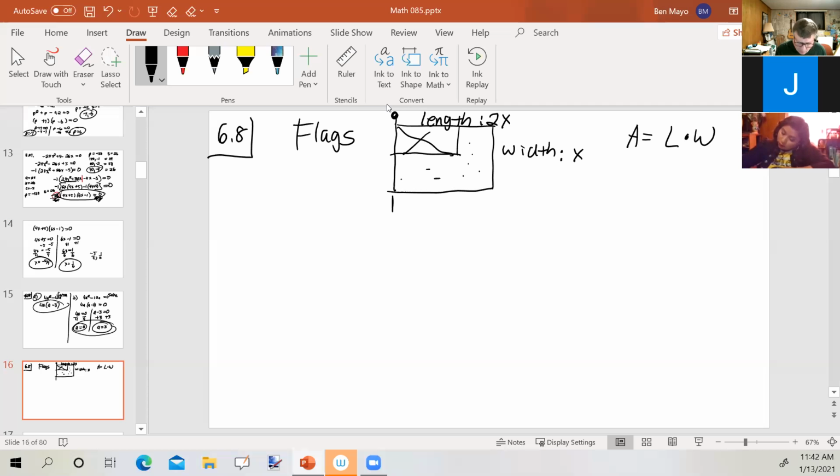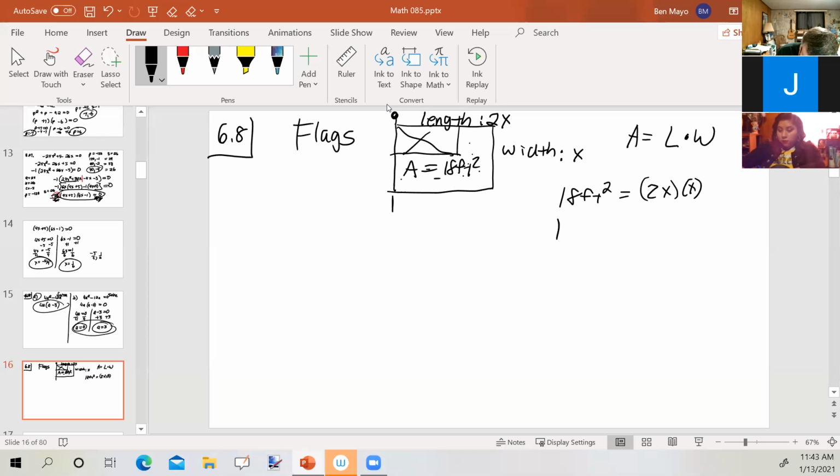We're told that the total area is 18 square feet. So 18 square feet equals 2x times x, the length times the width. Any question where I got any of that information?